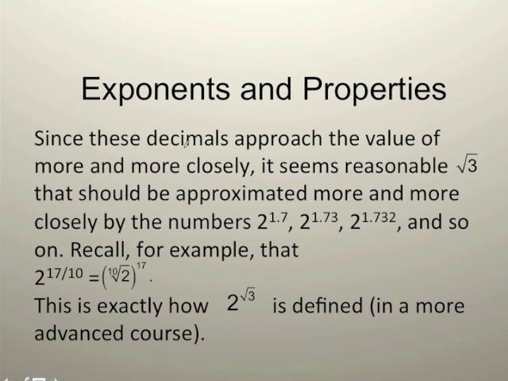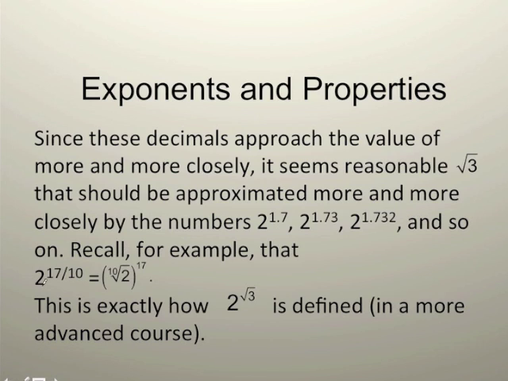Since these decimals approach the value more and more closely, it seems reasonable that 2 to the square root of 3 should be approximated more and more closely by the numbers 2 to the 1 and 7/10, 2 to the 1 and 73 hundredths, 2 to the 1 and 732 thousandths, and so on.